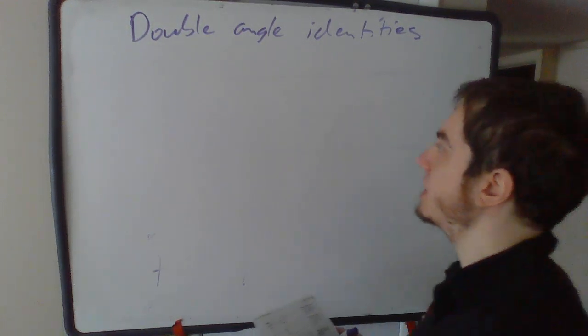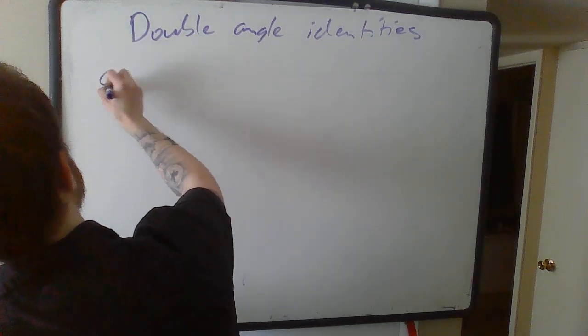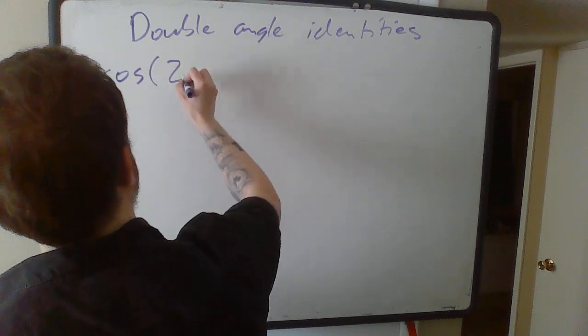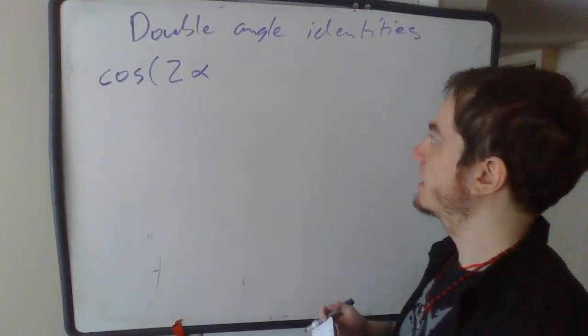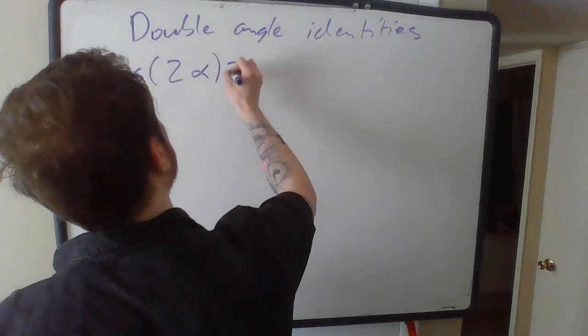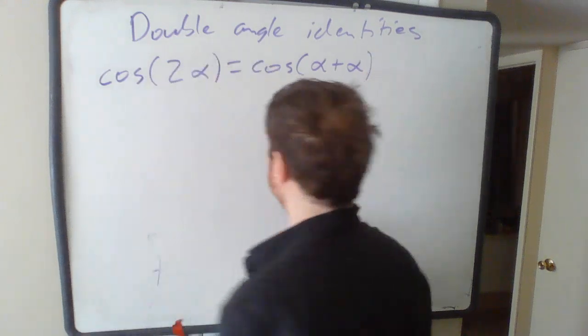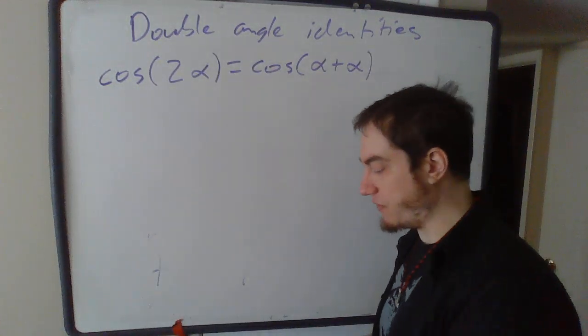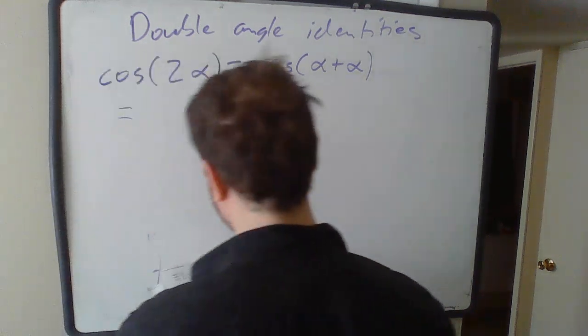Let us suppose that I want to know what is the cosine of 2 times some angle alpha. Well, this is actually the cosine of alpha plus alpha, because of course alpha plus alpha is 2 alpha. What does that come out to be?